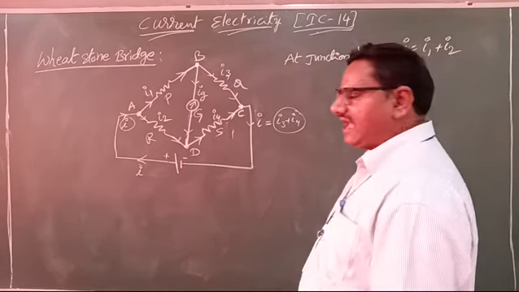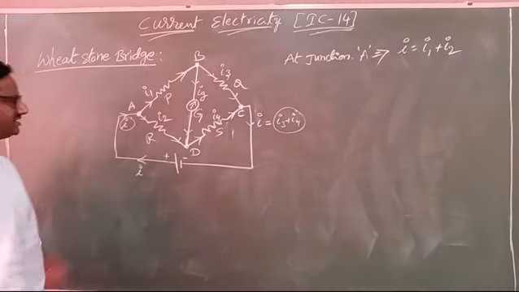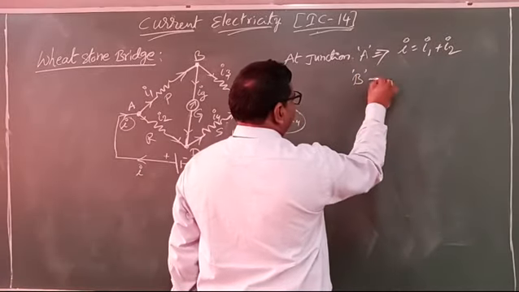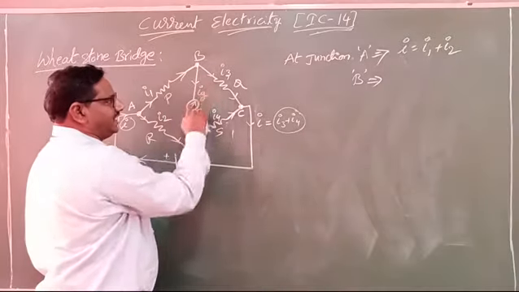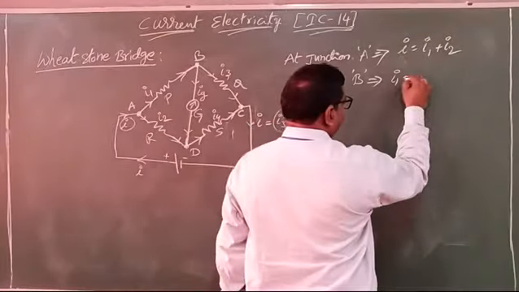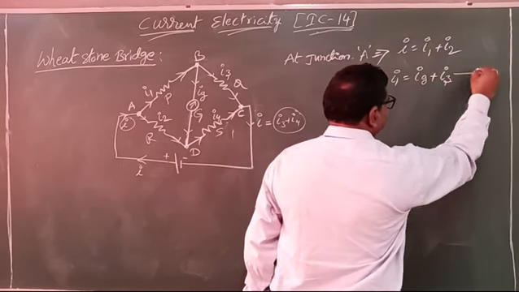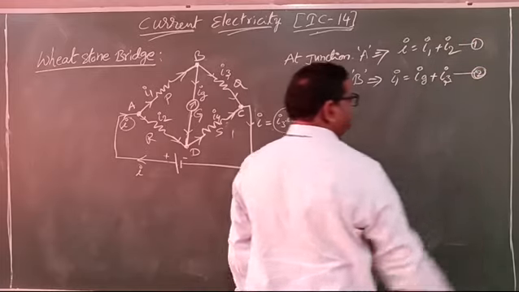Clear? Next junction is B. At junction B, I1 will split again into two. I1 is equal to IG plus I3. I will consider this as equation 1 and this as equation 2.